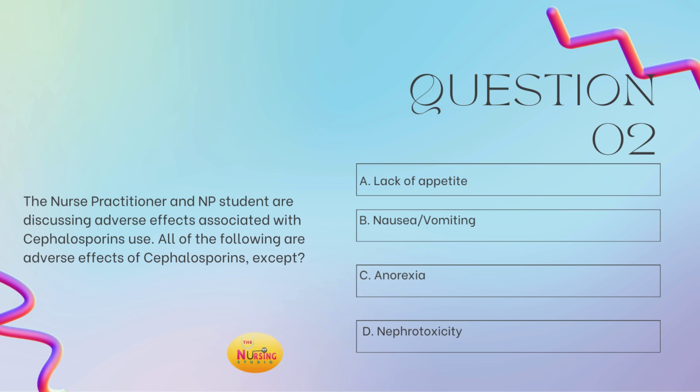You do want to be careful that if you are on a cephalosporin and a patient may already be on furosemide, Lasix, that pay attention to their kidney function because this can cause nephrotoxicity. Also, sidebar. Cephalosporins can cause adverse effects to the clotting times, like your PTT, your PT.